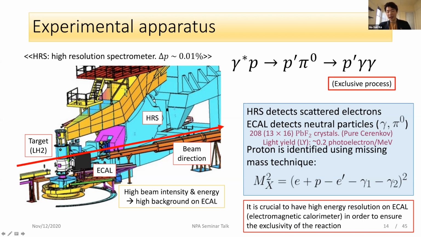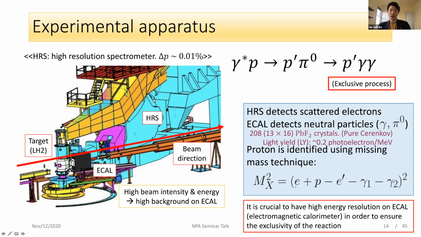And the pi0, which decays to 2 photons, is detected by this electromagnetic calorimeter made of 208 lead fluoride crystals. We don't actually detect the recoiled proton, but we identify it by using the missing mass technique.